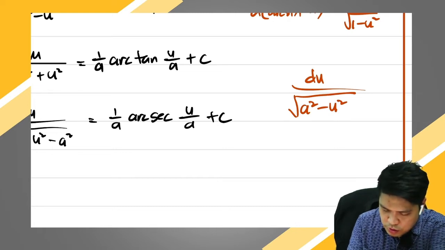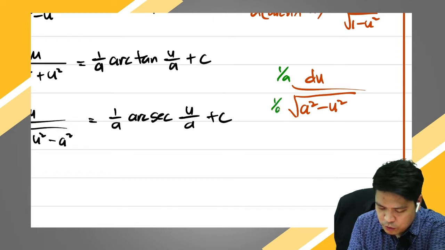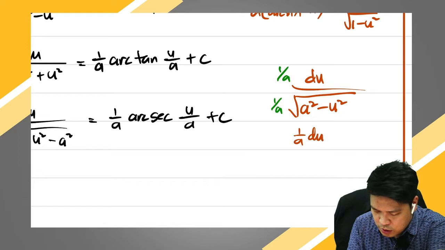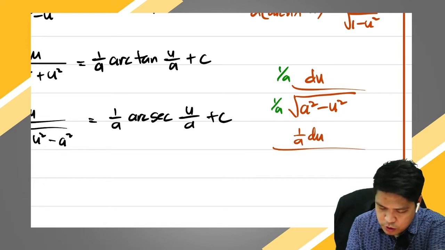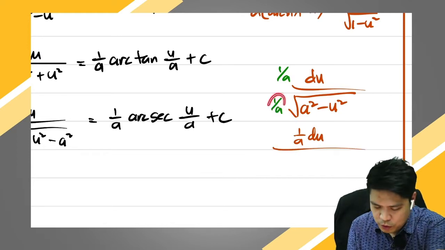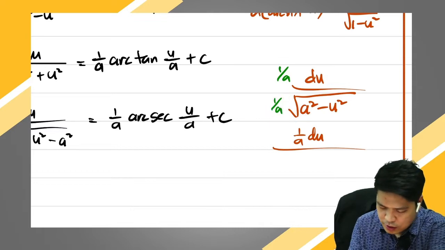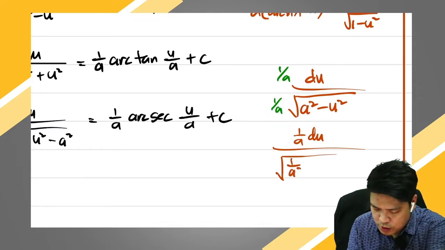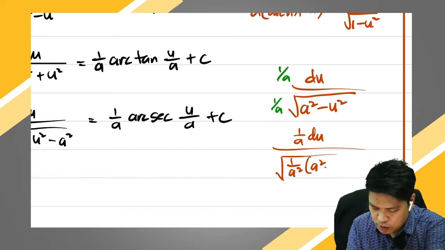Okay? So let's multiply this by 1 over a and also this by 1 over a. So this becomes 1 over a du over, if we move this inside the radical, that would become 1 over a squared times a squared minus u squared.